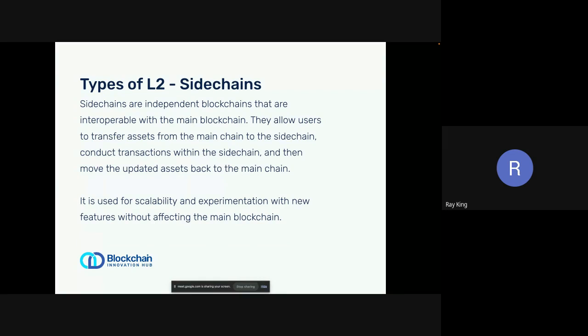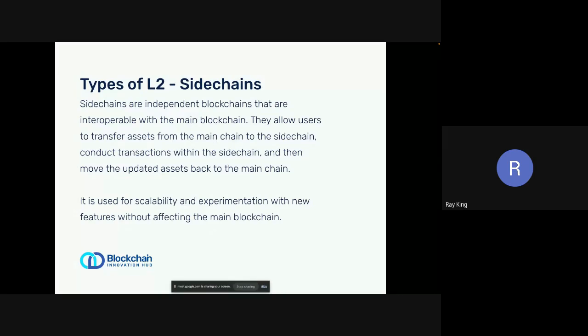I think using this is quite explanatory. We need to understand that for these side chains, you can move your assets. Assets could be in form of your tokens, your NFTs. So you can move your assets from the main chain to the side chain, right?